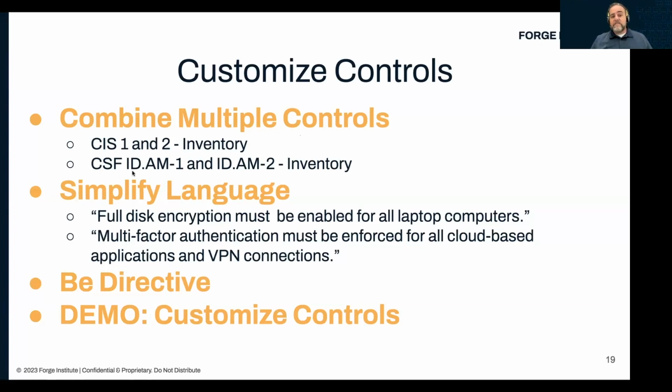Also simplify the language. This is probably even more important here. We would say things like, full disk encryption must be enabled for all laptop computers. We might underscore that by saying, Windows computers must have BitLocker enabled and must have that enrolled through a group policy object or something like that, a technical control, a technical way of doing that.